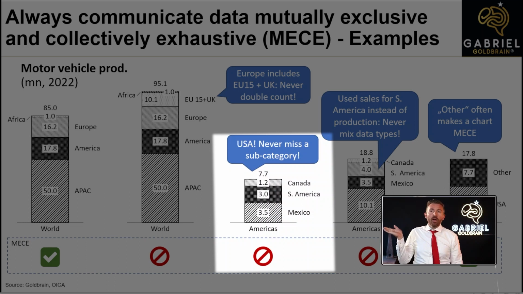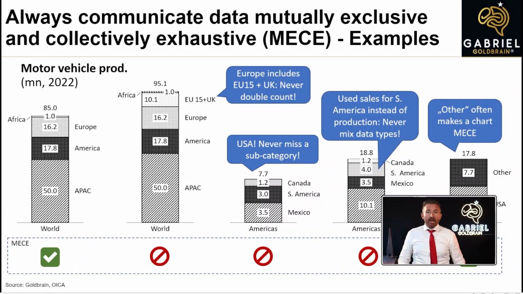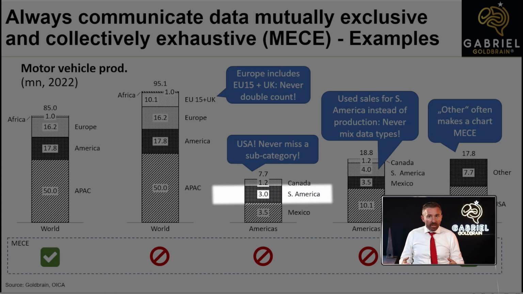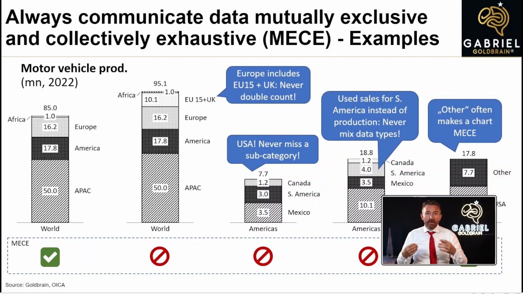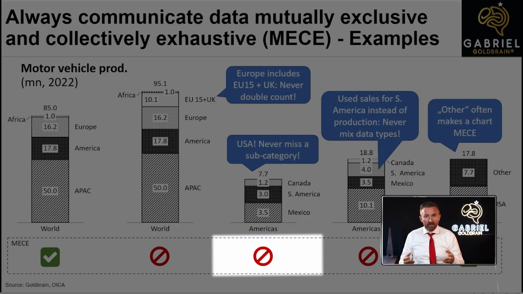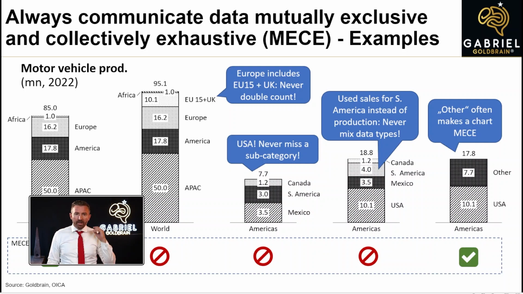Let's look at the third chart on the left. This gives us the motor vehicle production for the Americas. As we can see, we have South America, we have Canada, we have Mexico, but the US is missing. Therefore, the figure doesn't total up to the Americas figure. Therefore, this chart is not MECE. Now let's look at the second chart on the right.